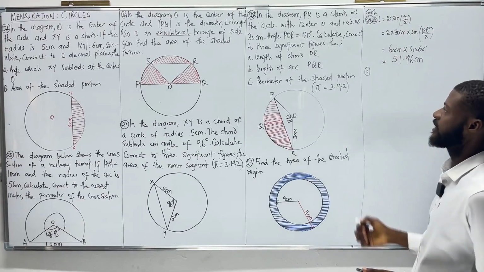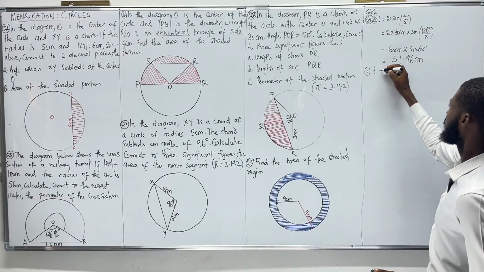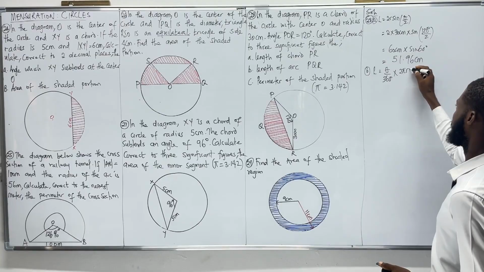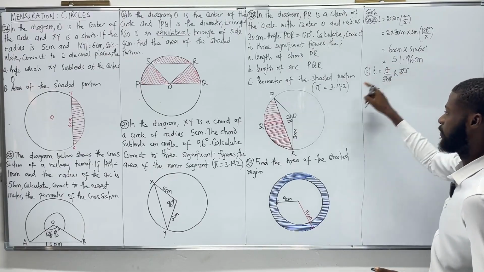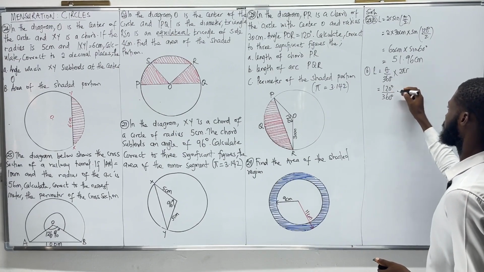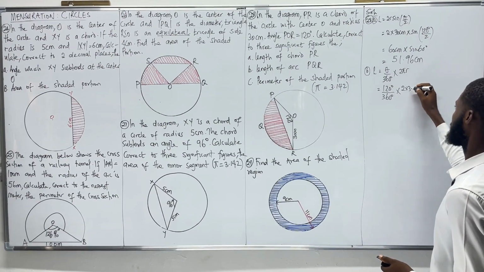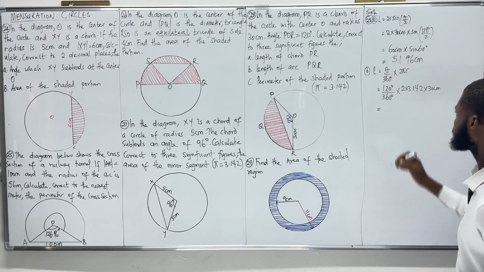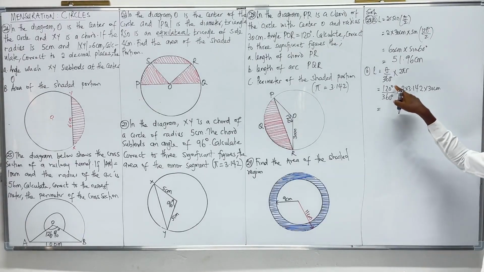The B part is length of the arc. Length of an arc is theta over 360 degrees times 2 pi radius. So theta, which is the angle, is 120 degrees divided by 360 degrees times 2 times 3.142 times 30 centimeters. Though this will give you 1/3 when you cancel out.